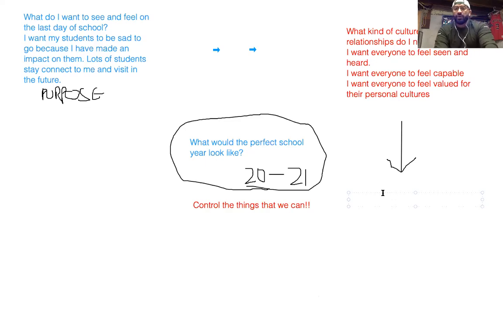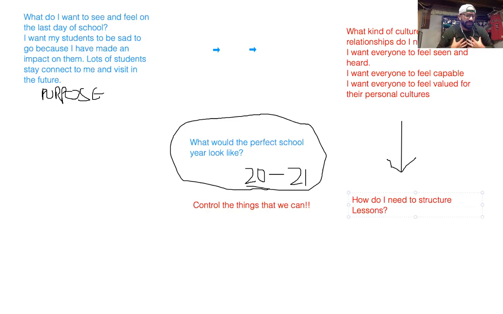So if I want to make sure that everyone feels seen and heard, I want everyone to feel capable, I want everyone to feel valued, how do I need to structure lessons? If I want students to feel seen and heard and capable and valued for their personal culture, their personal gifts, their personal skills, the great things about them, then I need to create lessons that allow you to do that.